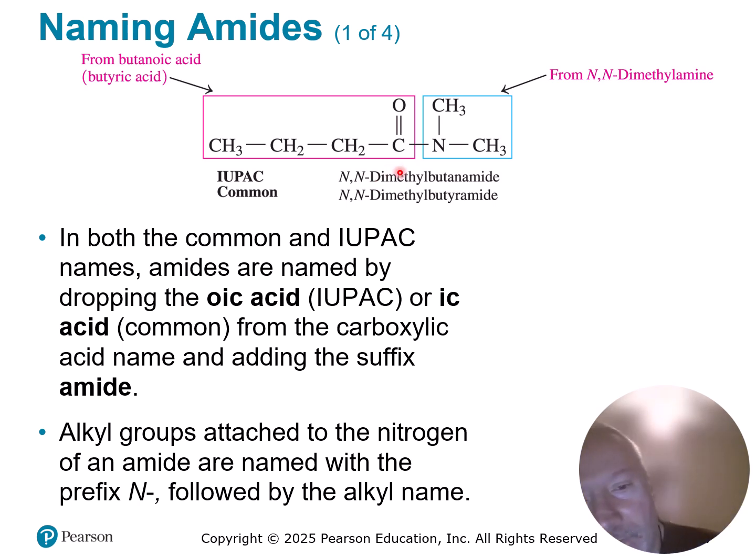So you don't get confused and think it's attached somewhere on the acid part. You know that it's attached to the nitrogen directly by that N,N-dimethylbutanamide. So the butanoic acid becomes, instead of butanoic, butanamide, right? Butanamide.